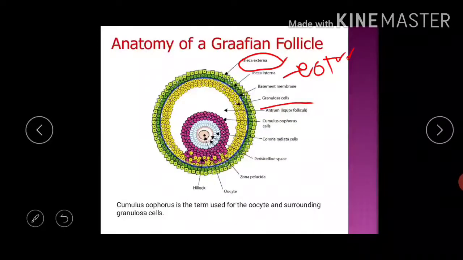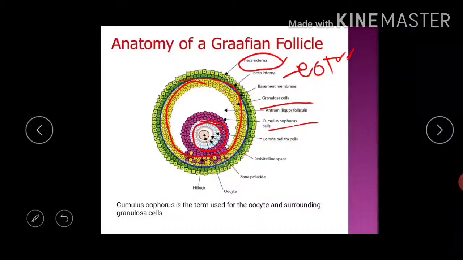From the membrana granulosa, cells differentiate into the discus proligerus and the corona radiata cells, and then the cumulus oophorus. It is a term used for the oocyte and the surrounding granulosa cells. See that, here there is a secondary oocyte, surrounded by granulosa cells. That's why it is known as the cumulus oophorus.